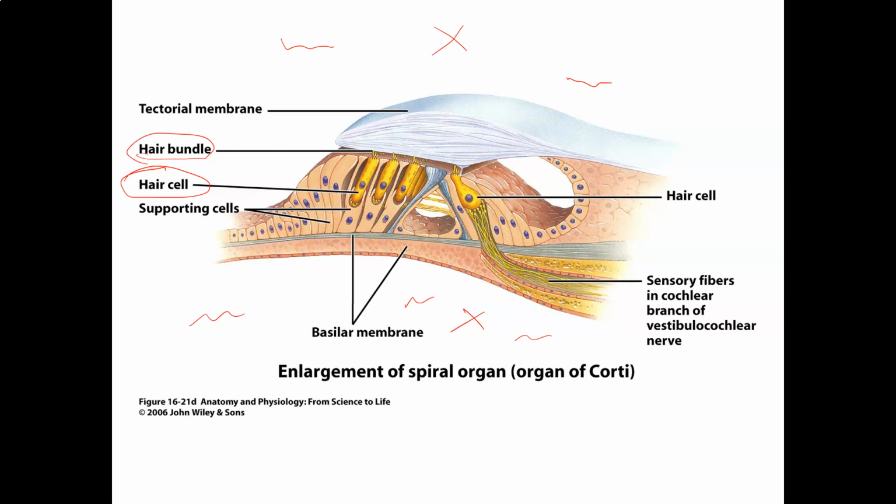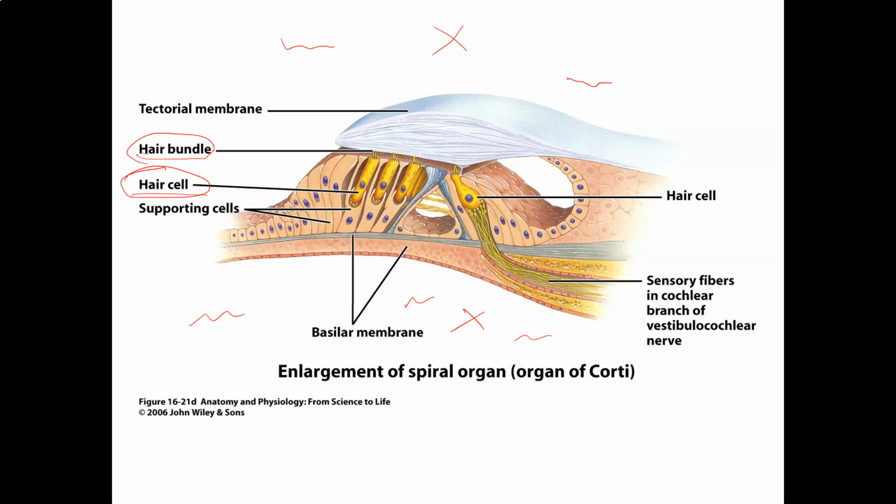Their hairs are going to actually be stimulated, and they're going to have ion gates that open to cause the graded potential. So the graded potentials are triggered in the hair cells. We'll look at how in a moment.